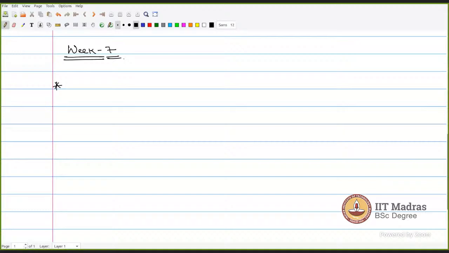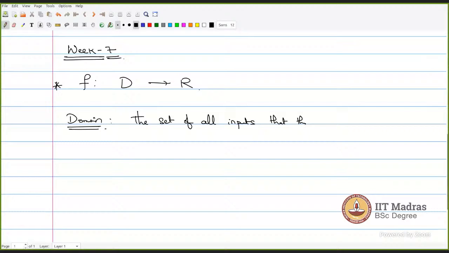Okay, let me start from very basic things. So what is a domain? If I define a function, let me say from D to R, what is the domain of a function? It is the set of all input values of x that this function takes.